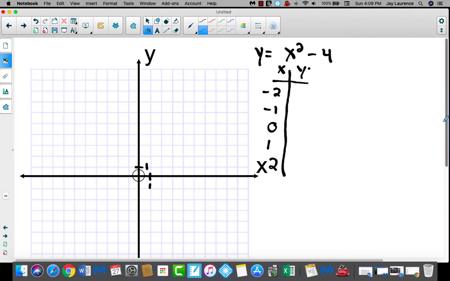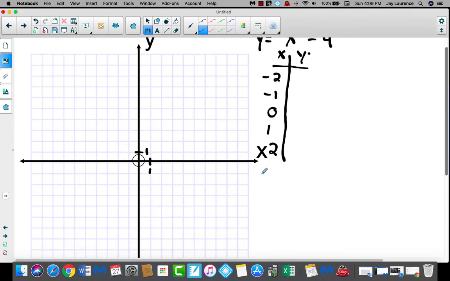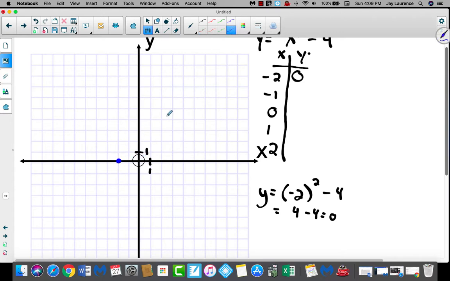All right, so if I put negative 2 in, y is going to equal (-2) squared minus 4. Well, this will be 4 minus 4, which is 0. So (-2, 0) will be on this graph. So I go negative 2 in the x direction, 0 in the y. There it is, (-2, 0).